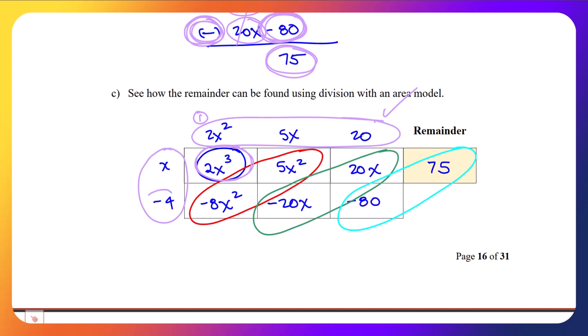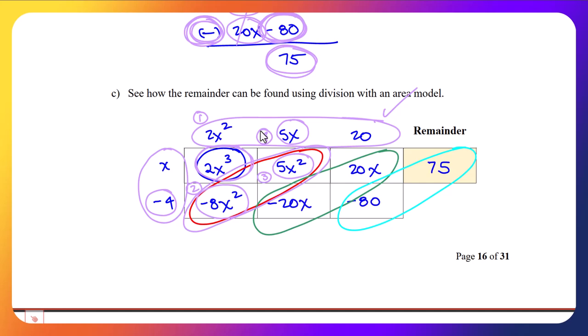And then 2x squared times the negative 4 is negative 8x squared. Then in the red, we have to make the negative 3x squared. So this has to be 5x squared. So that's the third step. To make that 5x squared, this had to be 5x.